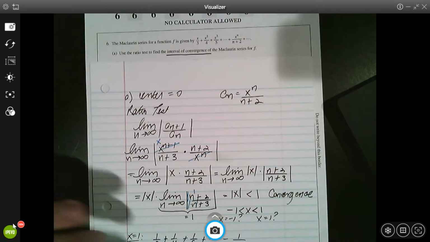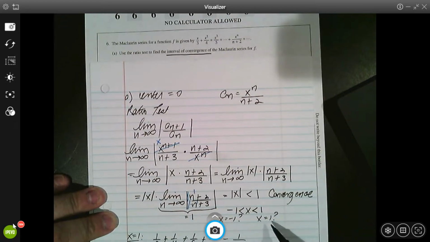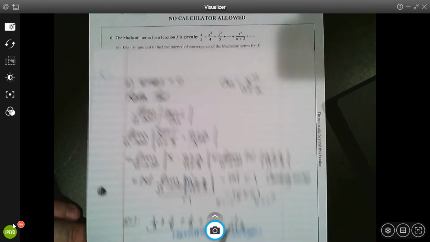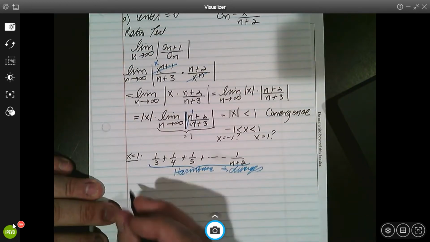And this is a familiar series. This is a part of the harmonic series. And we know that the harmonic series diverges. So x equals 1 won't be in your interval of convergence.